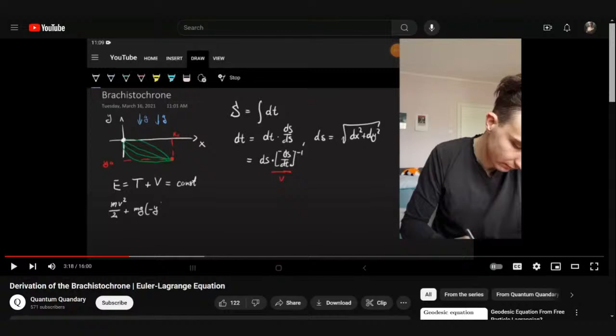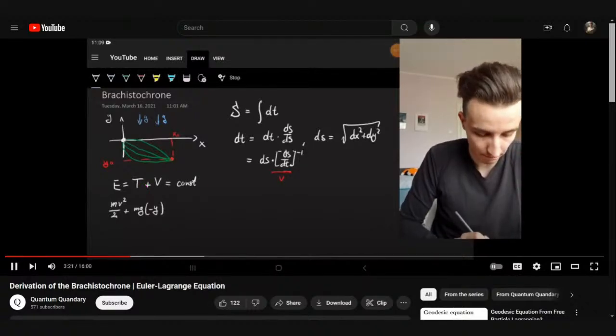I don't understand what he means. MGY, right? The higher the y is, the higher mg is. What's going on here? I don't understand.